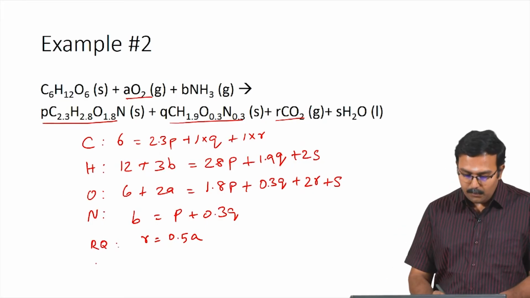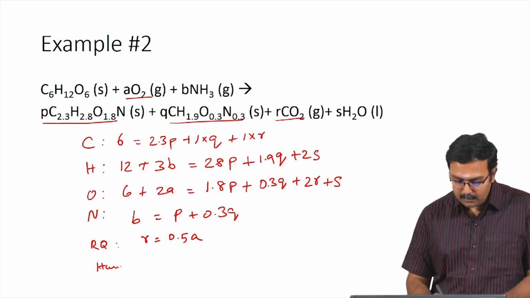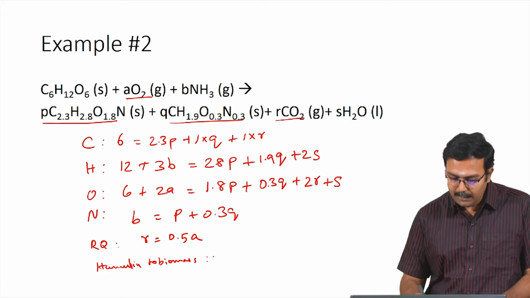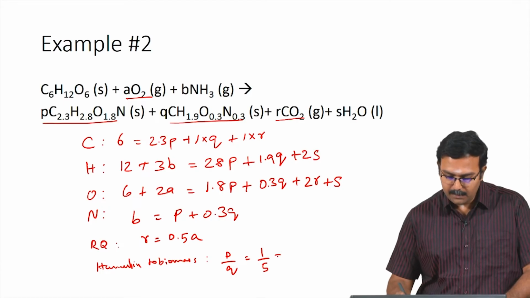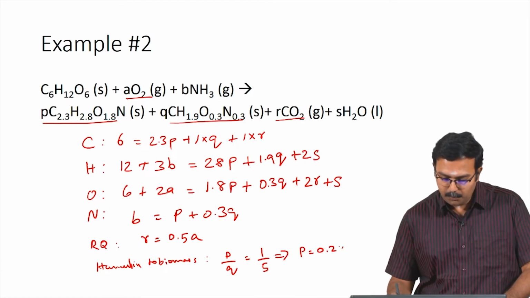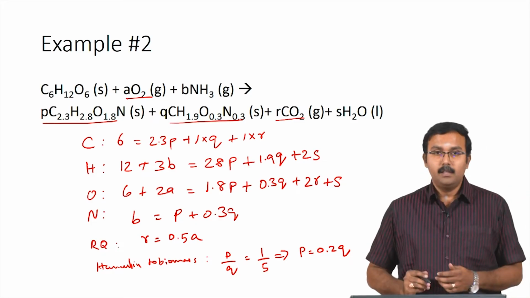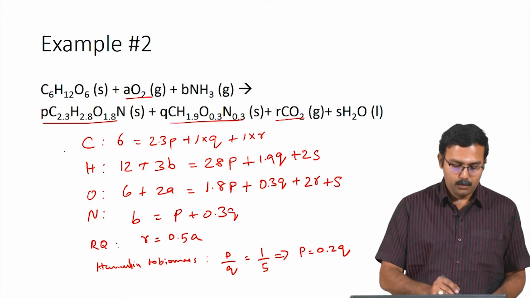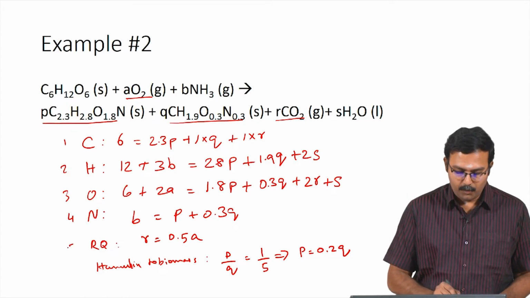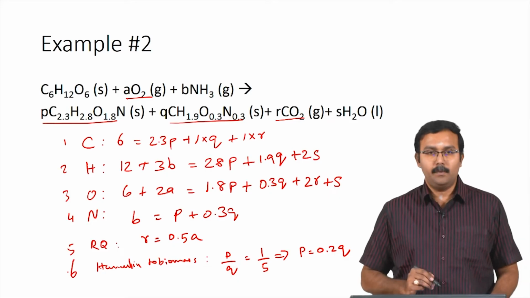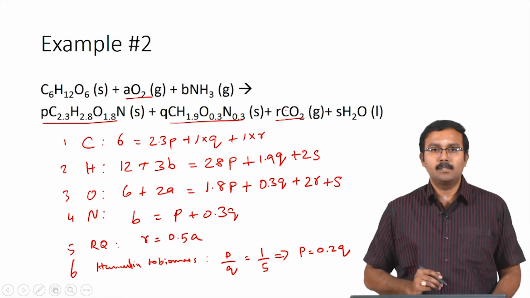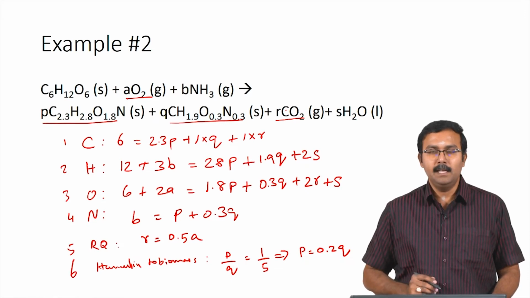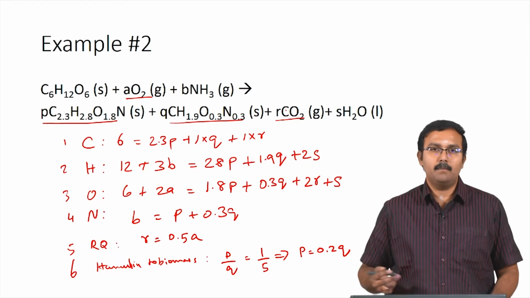So, the humulin to biomass ratio would be P divided by Q equals 1/5, which implies P equals 0.2 Q. We now have 1, 2, 3, 4, 5 and 6 equations, and we have A, B, P, Q, R and S, which are 6 unknowns.